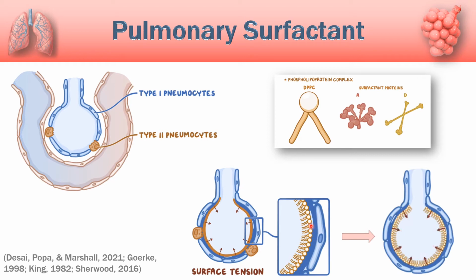You can see that the heads of these complexes are against that blue water line, while the tails are pointing inward. These hydrophobic tails here, as you can see, have very little intermolecular forces, so they don't really attach to one another. This considerably reduces the alveolar surface tension all over the surface of the alveoli.